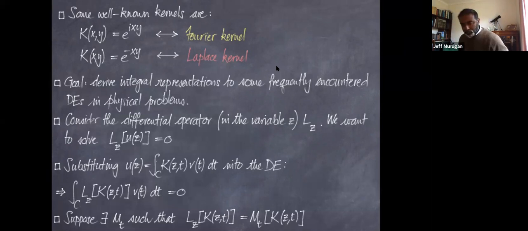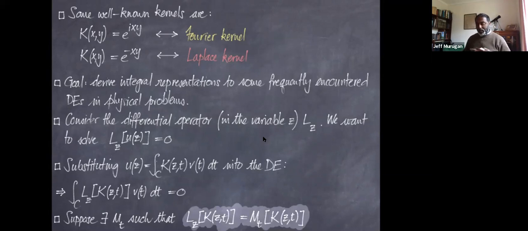All right. And such an operator will exist if the operation of integrating by parts is valid. So this is my constraint condition on the operator, that L_z acting on the kernel is the same as M_t acting on the kernel. So suppose there exists such a function.